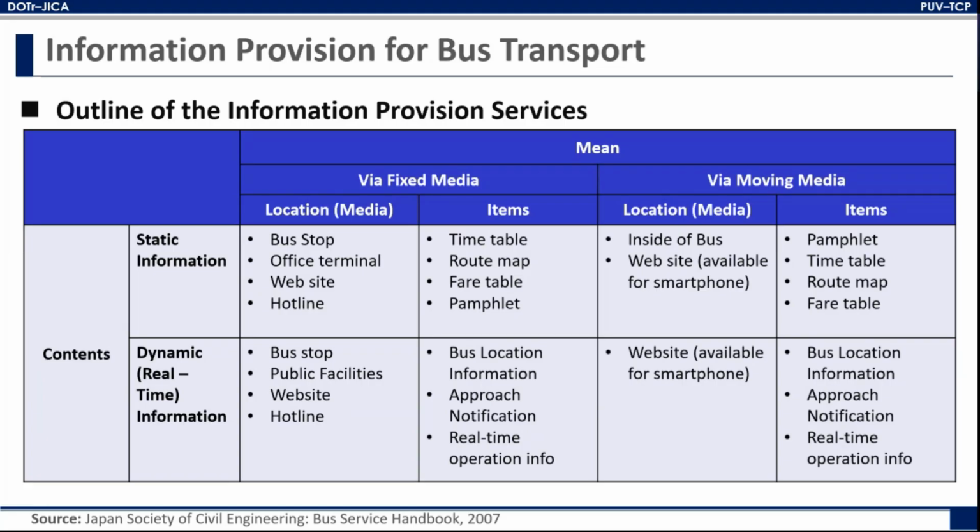And there is some real-time operation information. For example, when a traffic accident or disaster is happening, the existing service must be terminated, and some additional or intermediate service might be provided. In those cases, such real-time information is also necessary to deliver to the citizens.